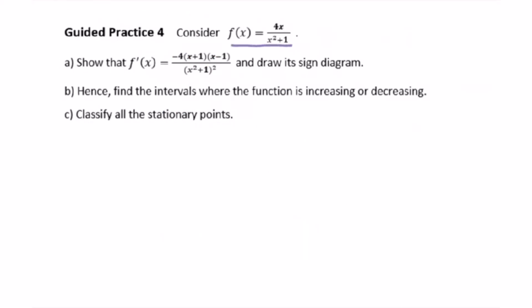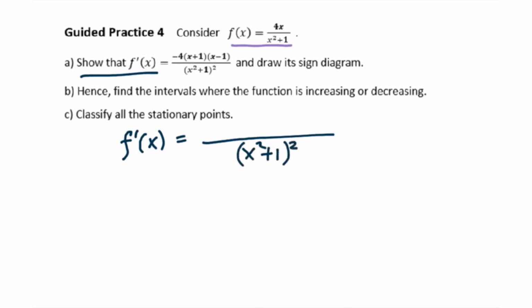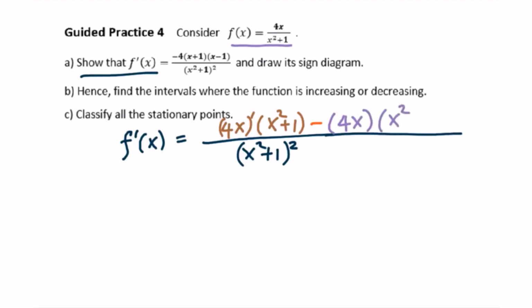Consider f of x equals this. We're still using the quotient rule. So x squared plus 1 we square. And for x do the derivative, x squared plus 1. Then here's minus. Then you have 4x times the derivative of x squared plus 1.